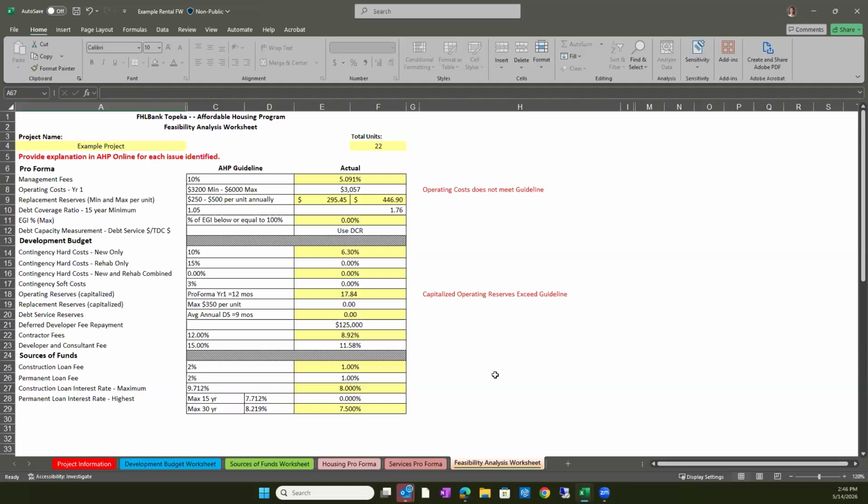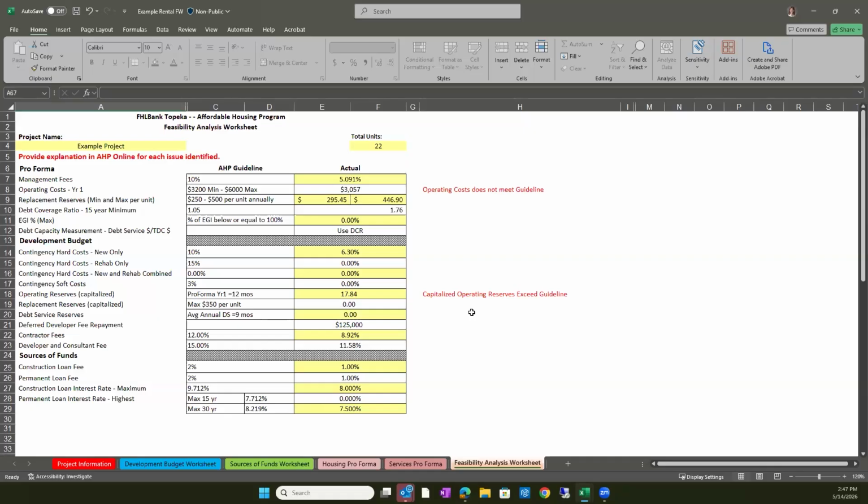There is red text that appears, as you can see, next to any items that are outside of guidelines. So when the feasibility workbook, this document, is uploaded to your application in AHP Online, the system is going to ask you for explanations regarding these items that are outside of guidelines.